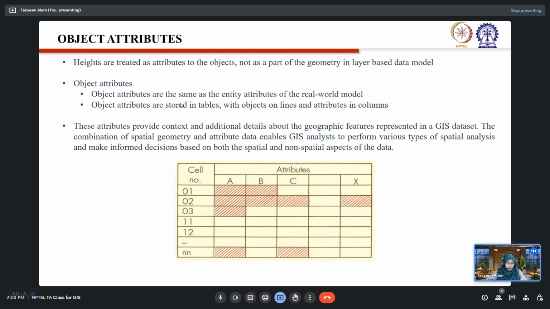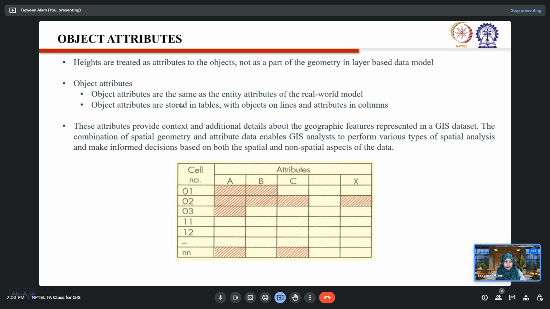It is an attribute, not a separate entity. It is based on your two-dimensional parameter, but it does not have a separate entity. So heights here are treated as attributes to the objects, but not as a part of the geometry in a layer based data model.